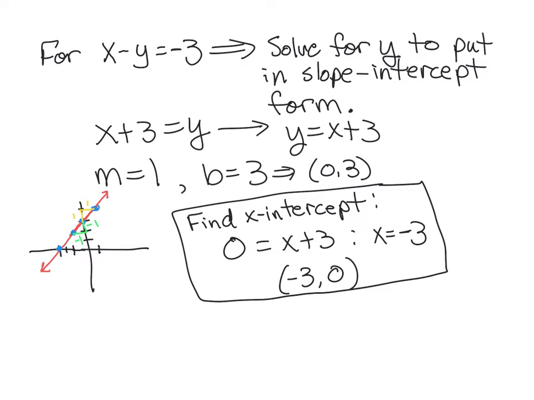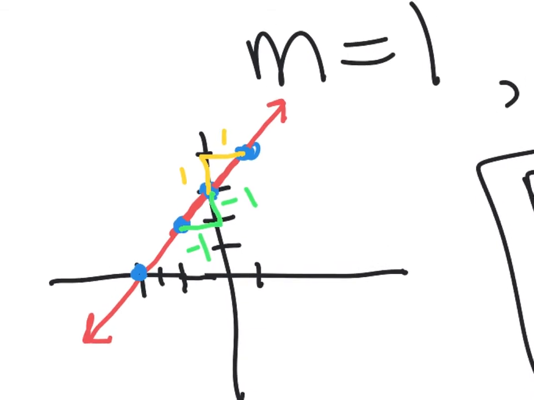But we also need to learn how to count out the slope to graph. If all you know is your slope and your y-intercept, then you can plot the point that you know. I'm going to zoom in on this really quickly.